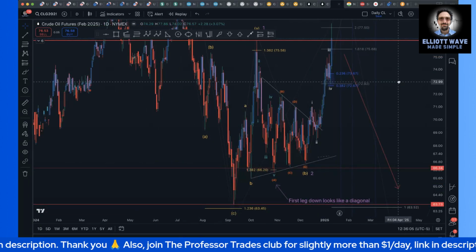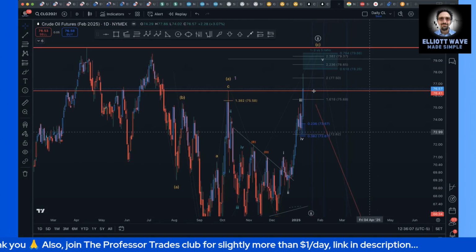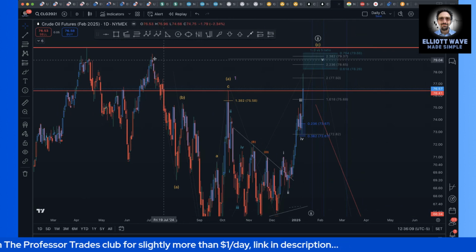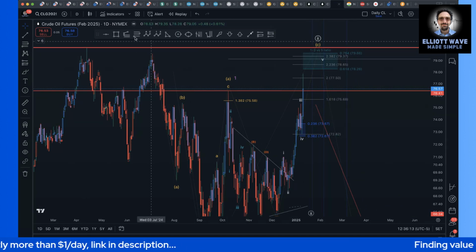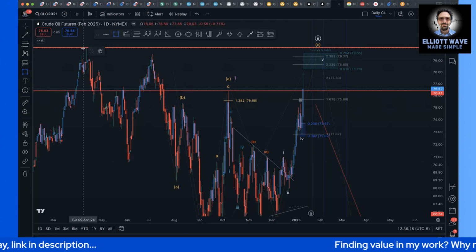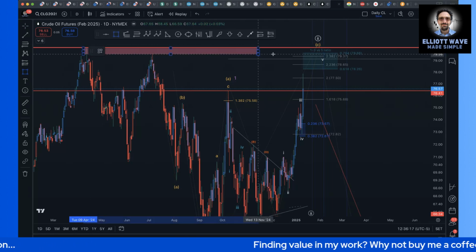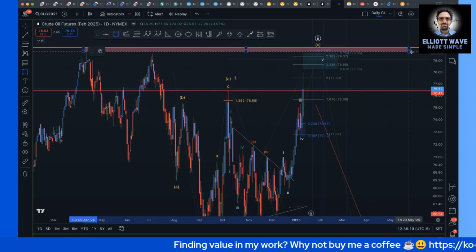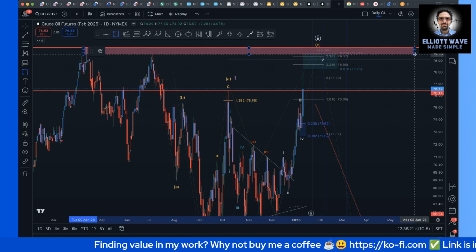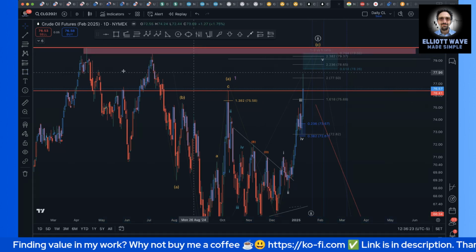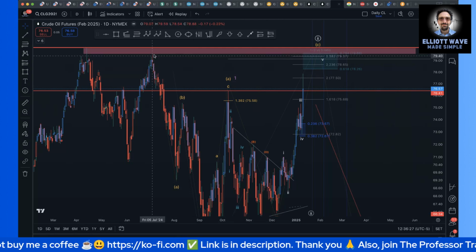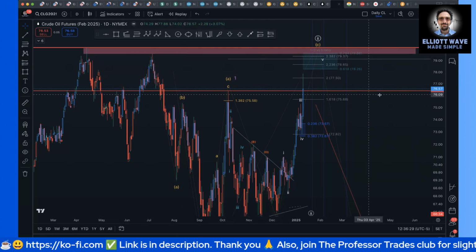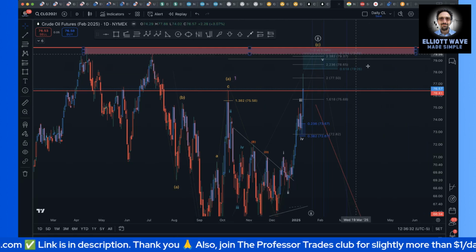Okay, so there's also these other highs over here that are in the same vicinity as this box. So this is another Armando thing. He likes to draw zones based on those wicks. So if I put the top of that zone at the top of that wick and the bottom of this zone at the top of this wick, I find it interesting that it comes in right at the top of my ratio box.